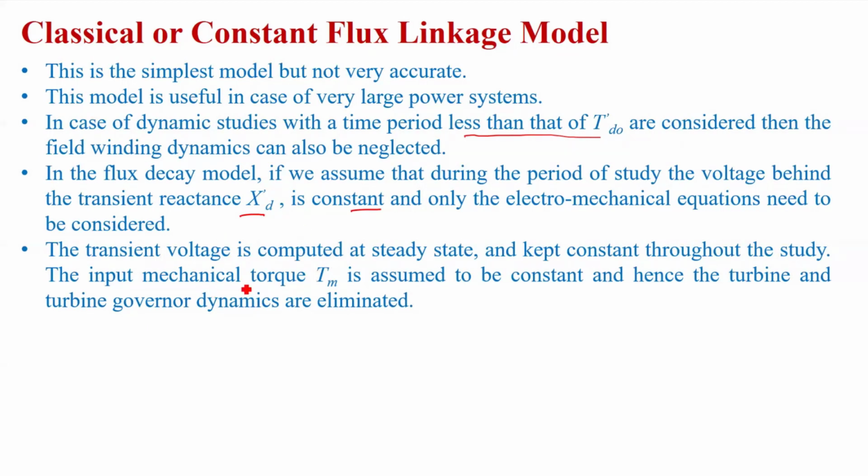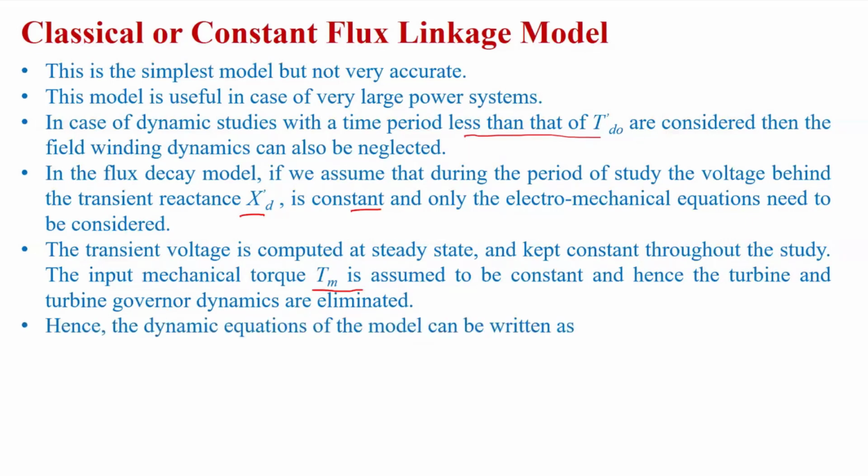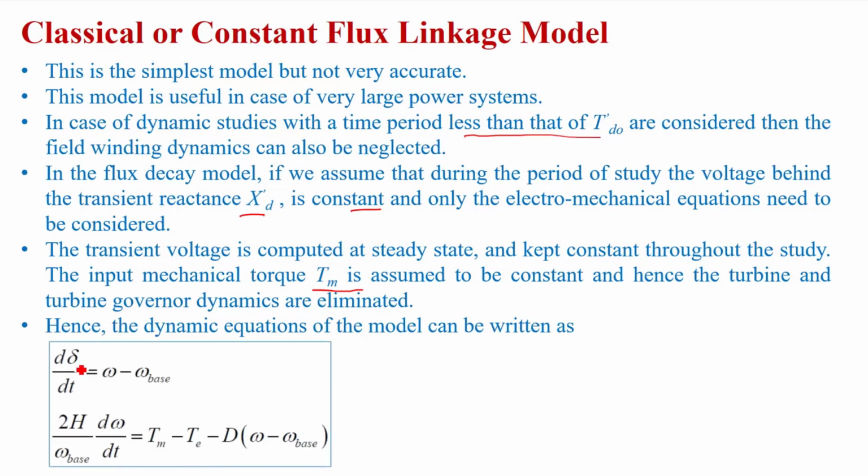Also the mechanical torque Tm is assumed to be constant, which means the turbine governor dynamics is also eliminated in this case. Hence, the dynamic equations of the model can be written with only these two well-known equations, the swing equations.